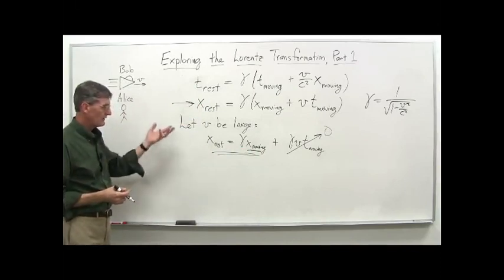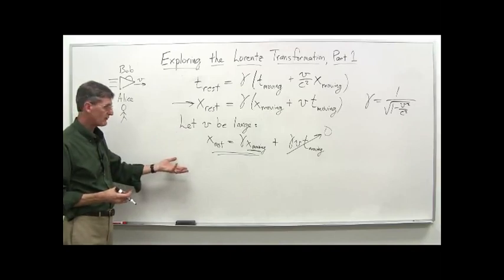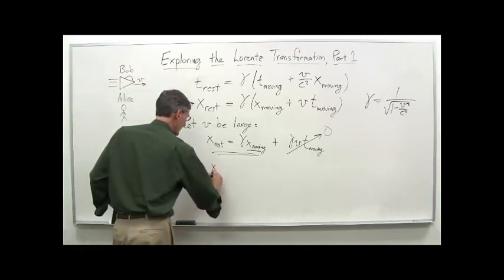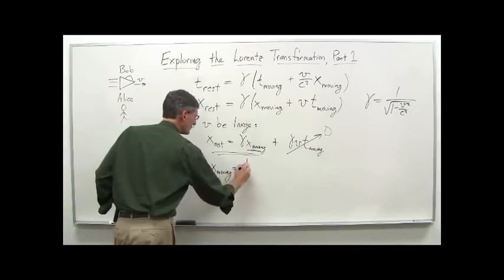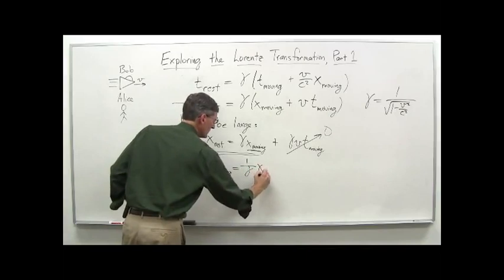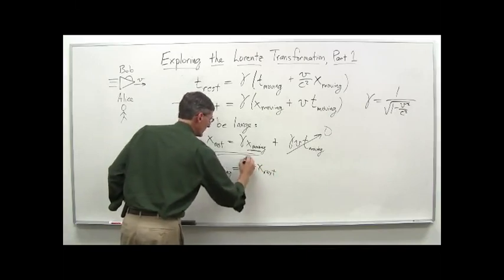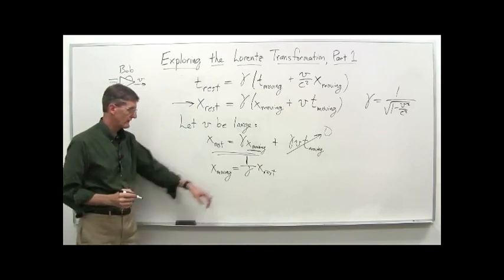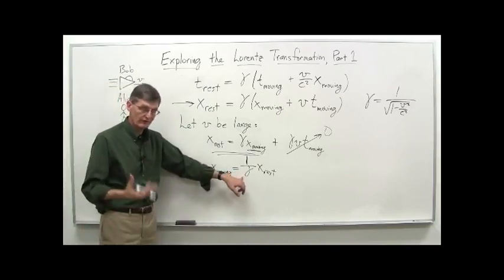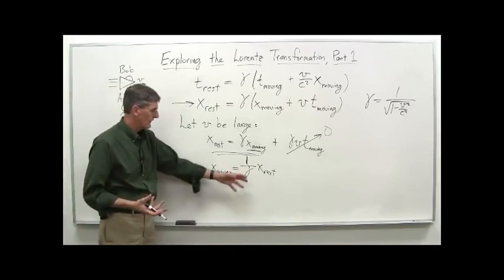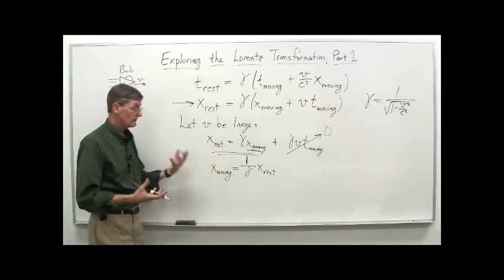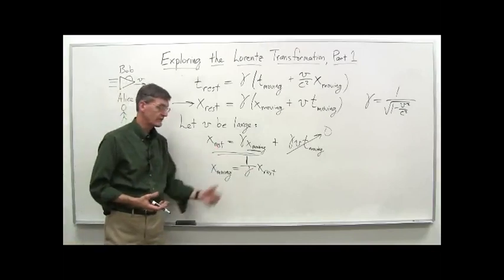Okay? So another way of saying this, the way we wrote the equation before, was x in a moving frame equals 1 over gamma times x in the rest frame, the stationary frame. Just to emphasize, because gamma is always greater than or equal to 1, that means the moving value as measured by Alice in this case is less than x rest.